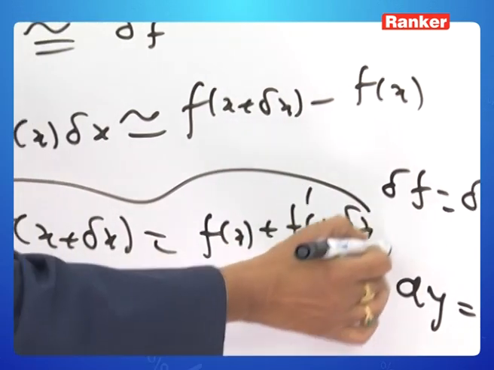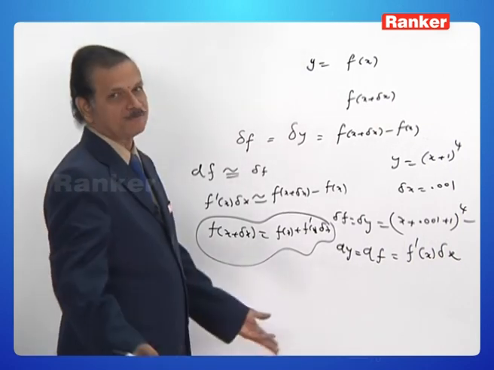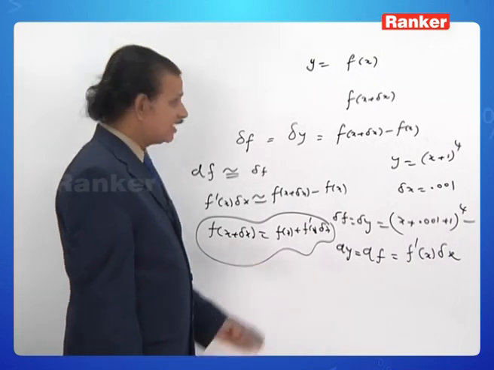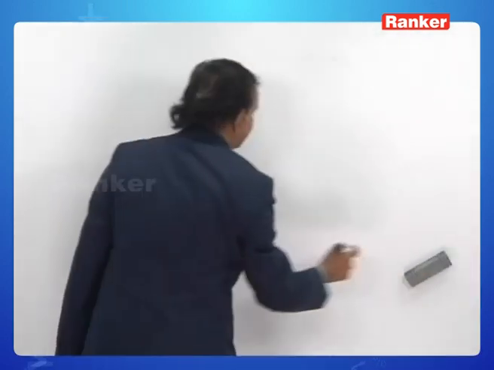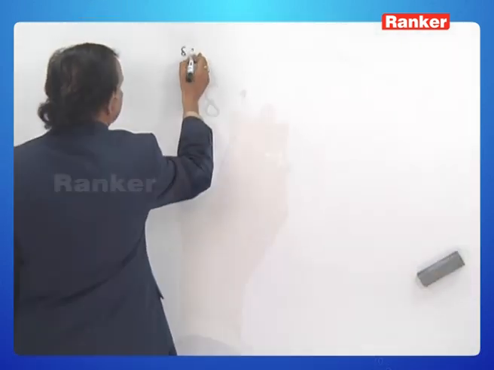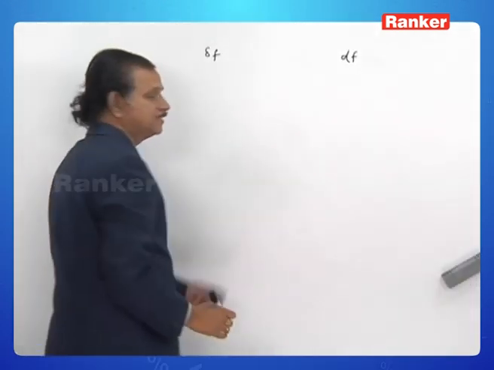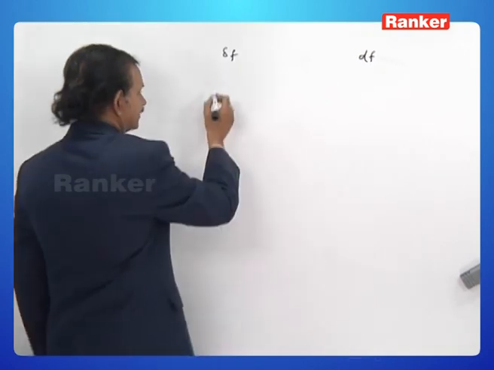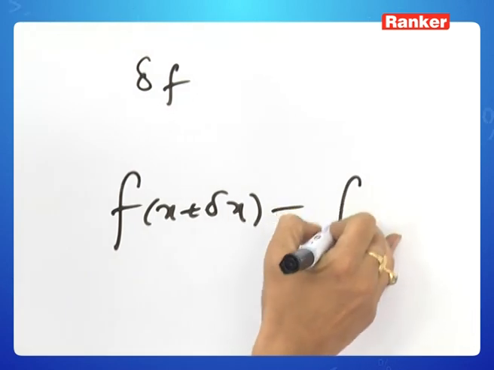This gives us a beautiful formula to know the approximate value of a particular function at some point with a small increment. Let us be very clear and brief. Here there are two changes. One is delta f and another is df. This is the exact change, that is the approximate change. What is exact change? F of x plus delta x minus f of x.